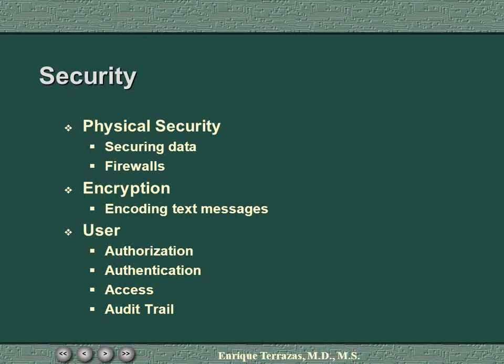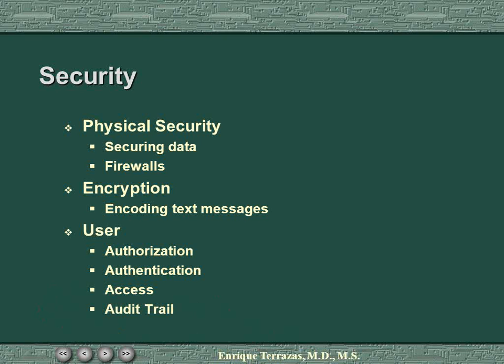Authorization is, once you've proven that they are who they say they are, do they have access to your system, and what type of access do they have, so that user can't do something that they're not supposed to do or access data that they're not supposed to access. And that goes under access as well.